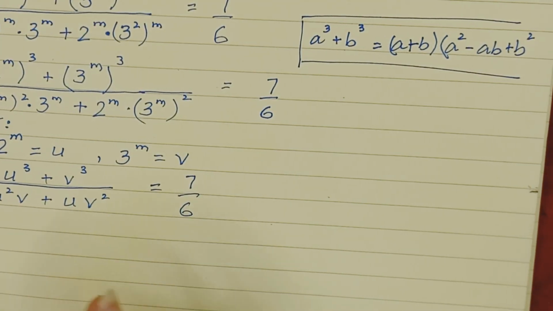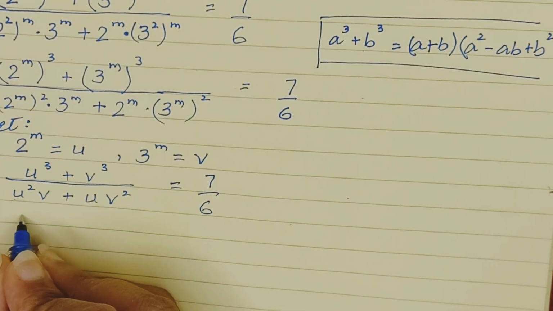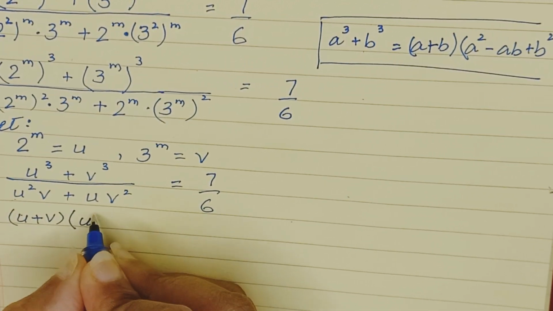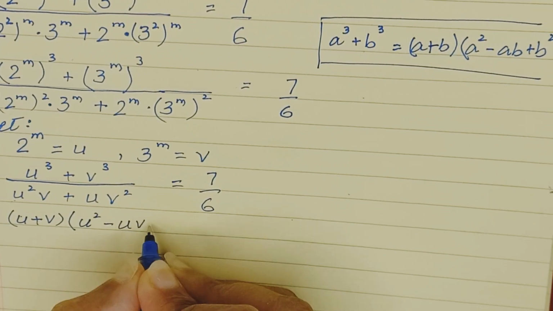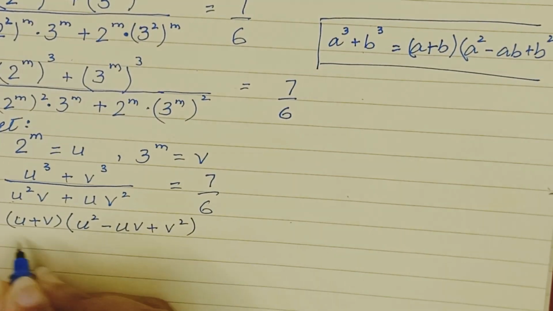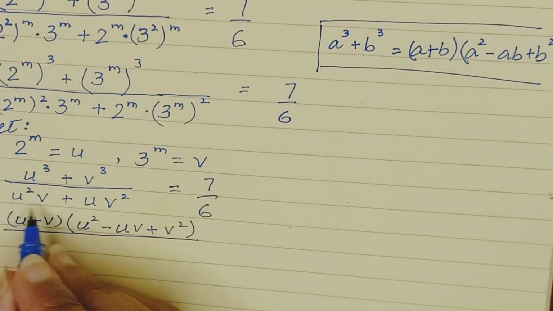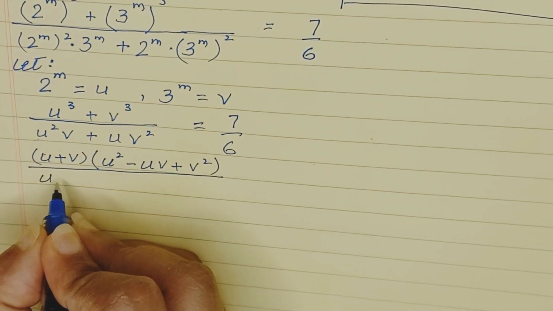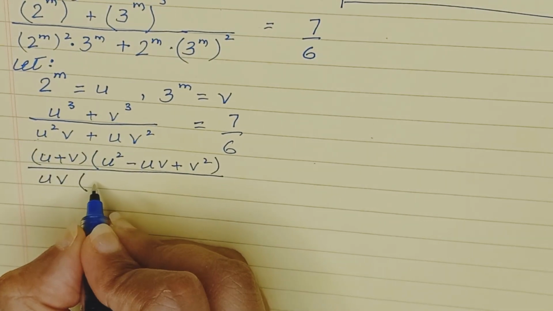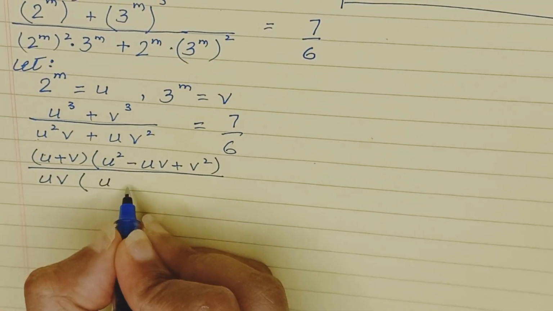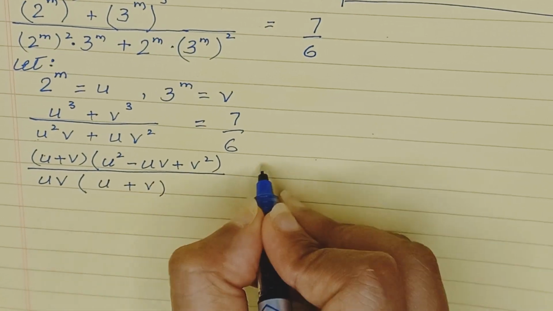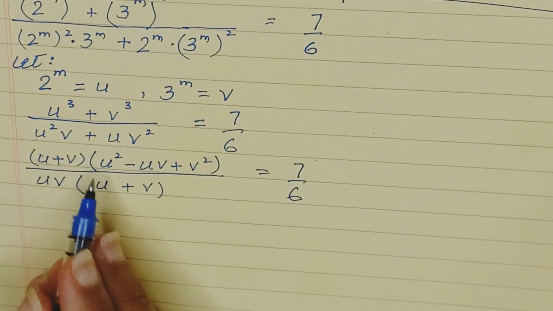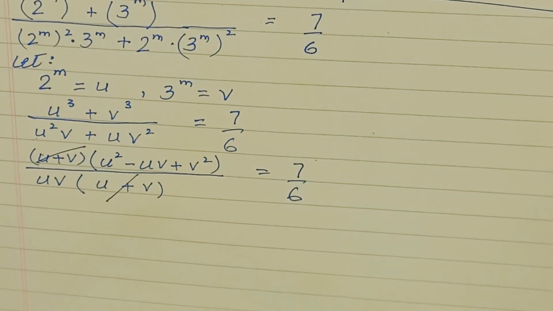So it will become (u + v)(u^2 - uv + v^2) divided by, in the denominator we have common u and v, so it will become uv(u + v), which is equal to 7/6. So u + v and u + v will be cancelled out.